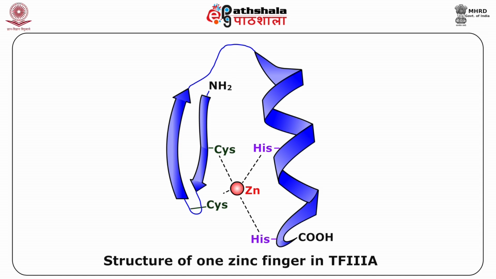This proposal of structure of peptide domain in TF3A was supported by experimental data. The cysteine-histidine coordination sphere for zinc in TF3A was confirmed by EXAFS spectroscopy. Single zinc finger peptides have been prepared and purified.